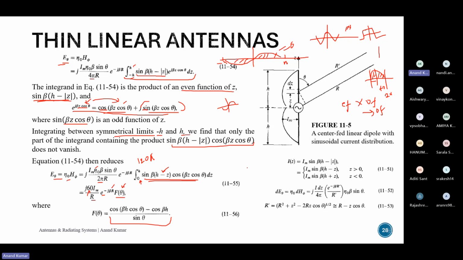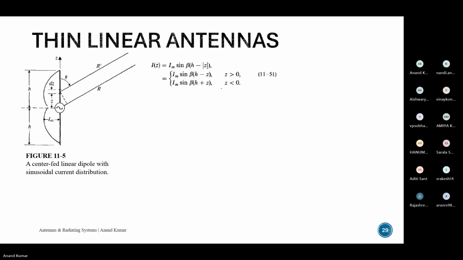Okay, so we'll proceed. We'll quickly summarize and then move to the next slides. So we had this dipole over here of certain length, which is comparable to lambda, and then we decided a current distribution on the dipole.